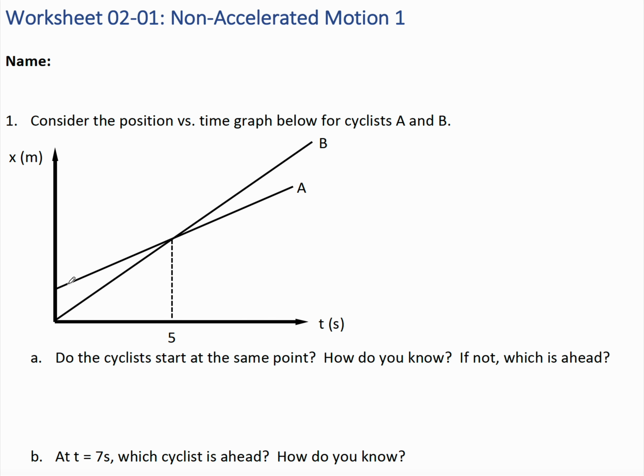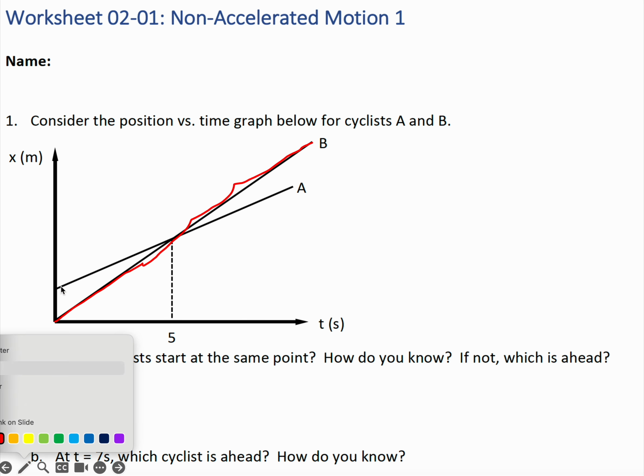Here's cyclist B, starts out at the origin and moves, forgive me for my really bad drawing skills, along it like that. And then A starts out here, I thought I'd change colors, starts out here and then moves along this line right here.